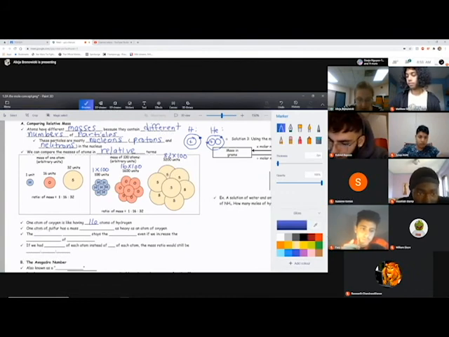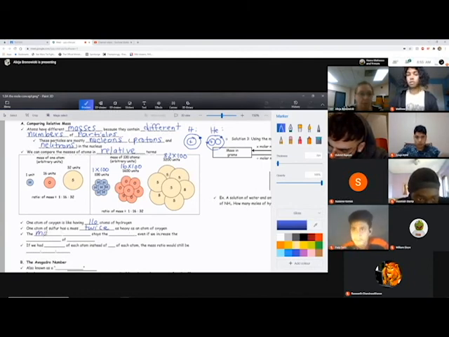1 atom of sulfur has a mass twice as heavy as an atom of oxygen. The mass ratio stays the same.